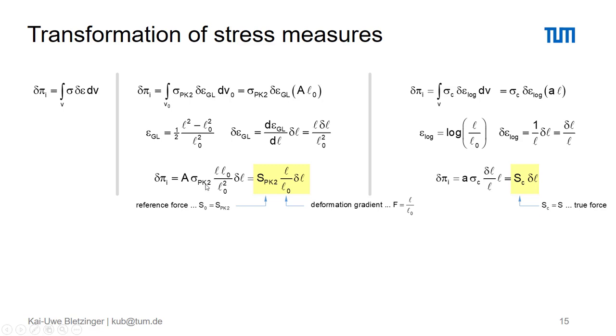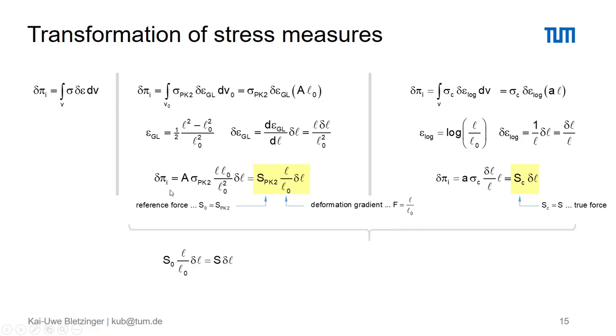And the Piola-Kirchhoff stress of second kind is also something which we just identified as something which will not change throughout the deformation. So that's why we call the Piola-Kirchhoff force of second kind also the reference force S sub 0, something which is defined in the reference state and which will not be changed anymore throughout the complete history.